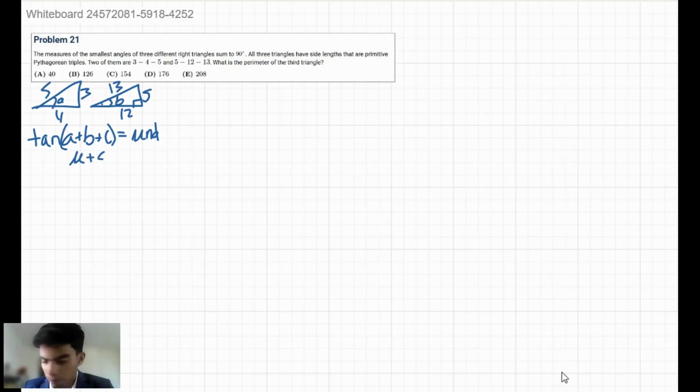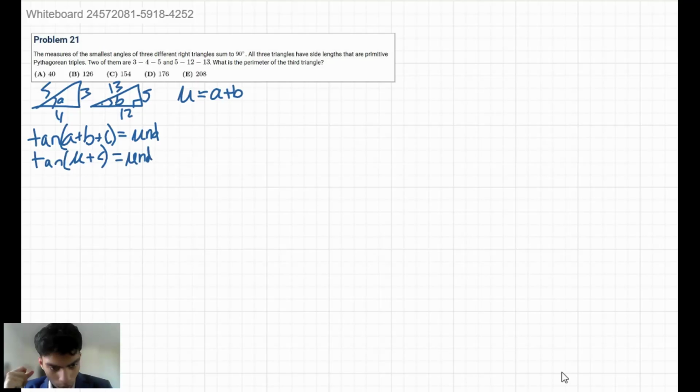All right. Okay, so from here, we can substitute U for A plus B, and we can then solve for this. So this would just be the tan of U plus C equals undefined.